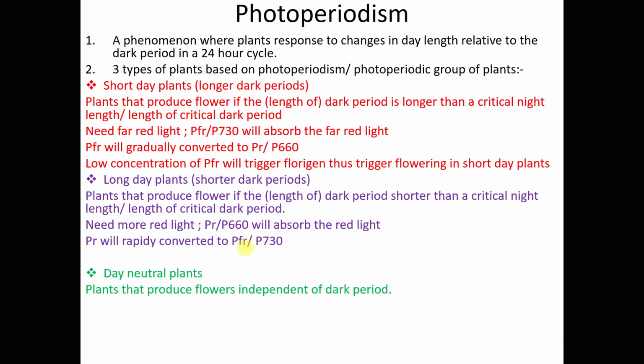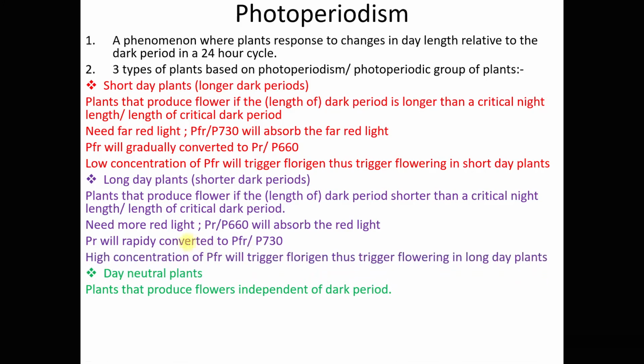Then a high concentration of PFR, or low concentration of PR, will trigger the synthesis of florigen, which in turn triggers flowering in long day plants. Keep in mind that the presence of florigen, a chemical compound in plants, will trigger flowering. So plants need florigen in order to flower.